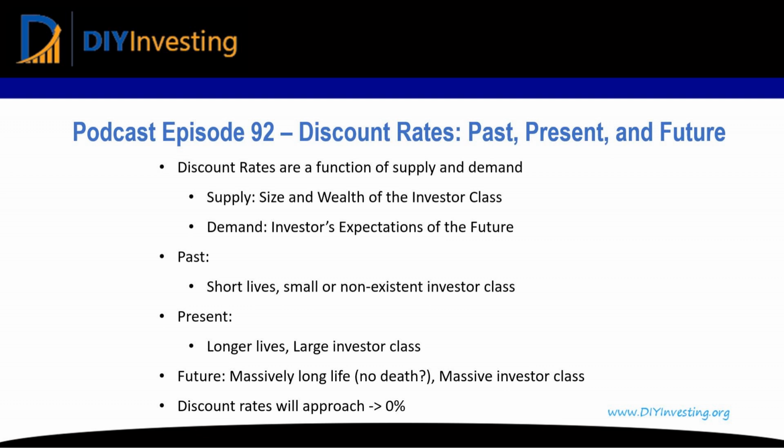We do that because we would rather have money today than have money in the future. You know, if you were to be given the option, would you rather have $1 million today or $1 million 10 years from now? The rational answer for most people is they'd rather have $1 million today.